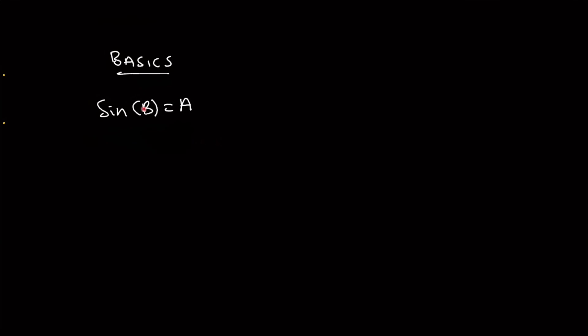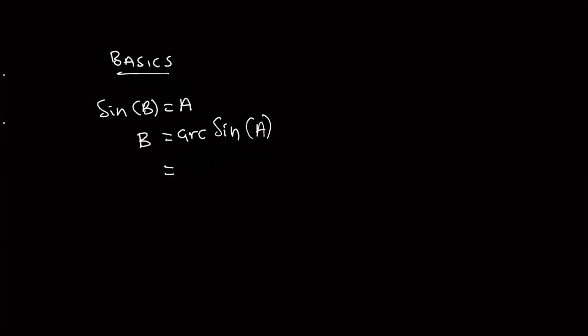Now, how do you eliminate sine? When sine moves across to the other side, it changes and becomes arc sine. This is how you write it, arc sine A, so on the left-hand side you are only left with B.